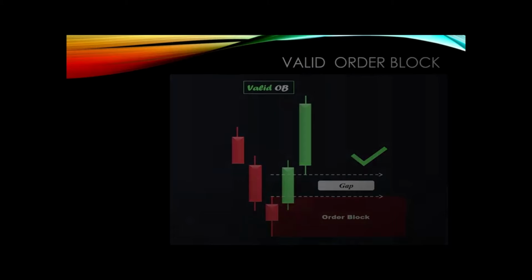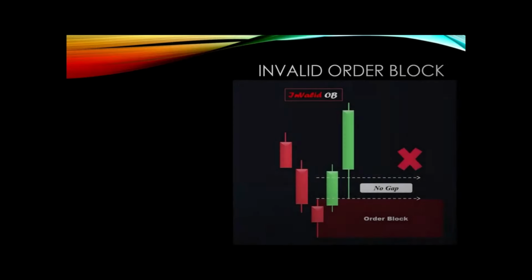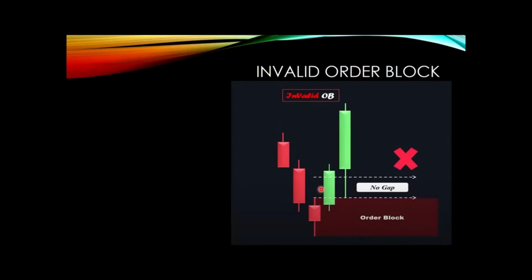Let's move to the next slide here. So this is the scenario of an invalid order block. The reason being that the market moved to the downside, the last bearish candle took the liquidity, and moved the market to the upside. But when the market came back, it had already taken those orders, so that's leaving no gap. When there is no gap, there are basically no orders sitting right here.